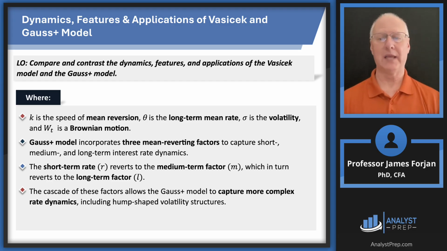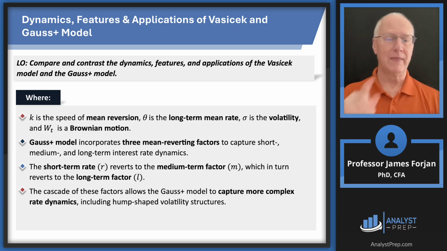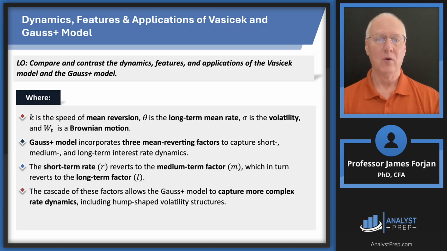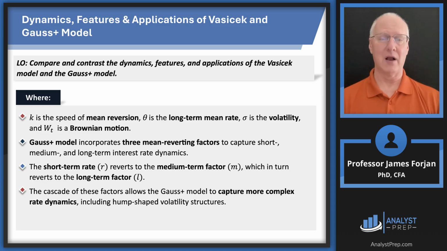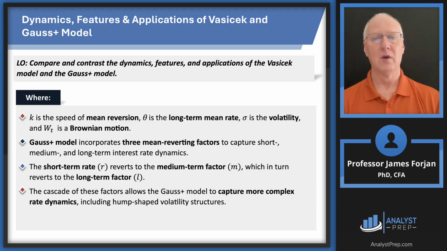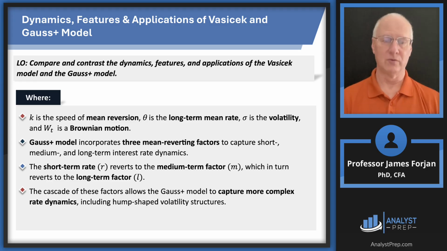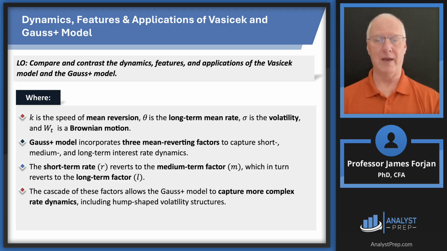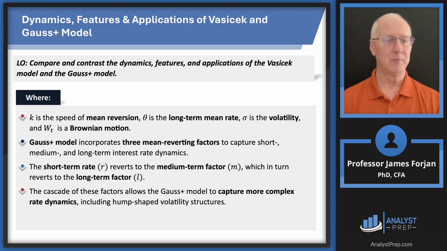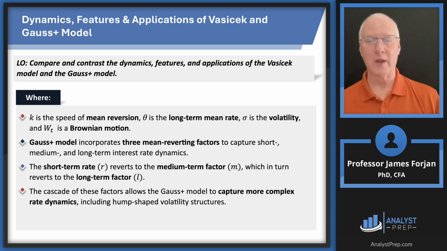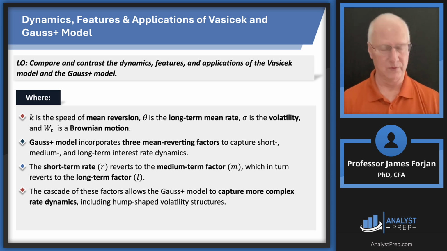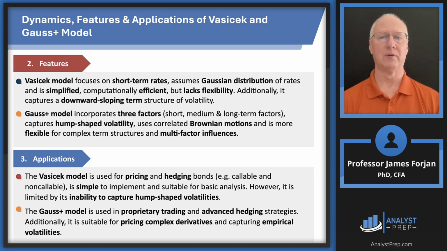So look at the bottom, to capture more complex rate dynamics, including that hump-shaped volatility, which is going to allow us to price more complex derivative securities. Remember, we have things like an option on a swap contract. You can call it a swaption. That thing, it's relatively simple, but it's way more complex than just a regular old call option.